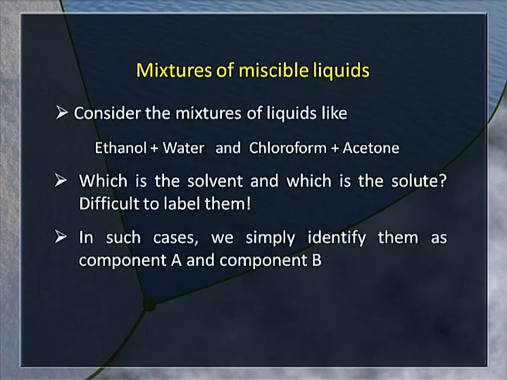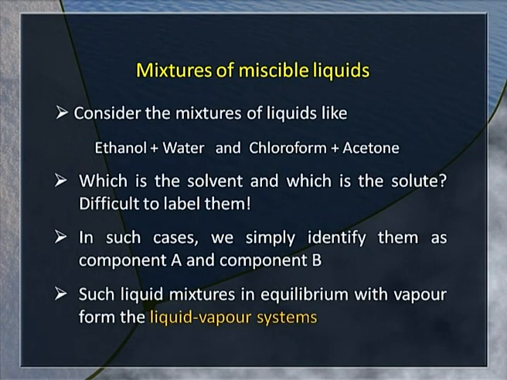It is very difficult to label them, because when we talk about solution, we think in terms of solute and solvent, but in these cases it is not possible to identify them. Therefore, we simply say that there are two components, one is component A, the other is component B. Such liquid mixtures in equilibrium with their vapors form the liquid vapor systems.